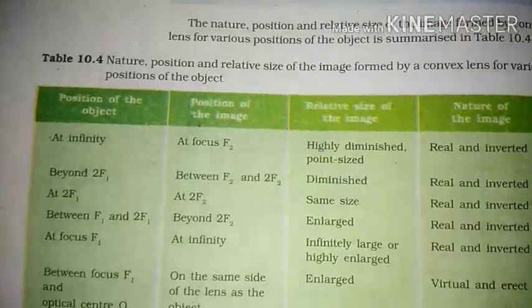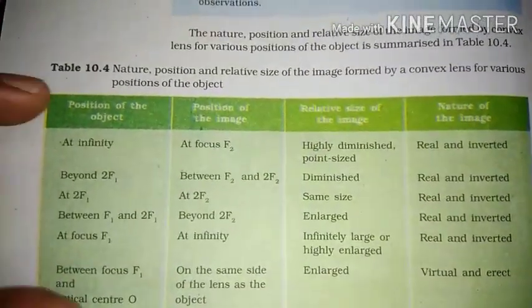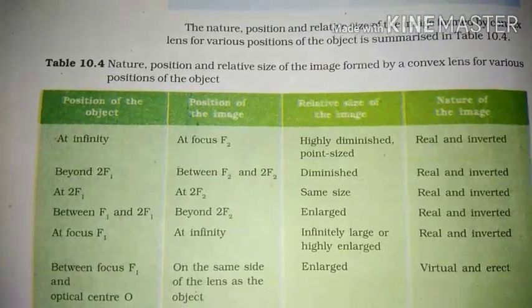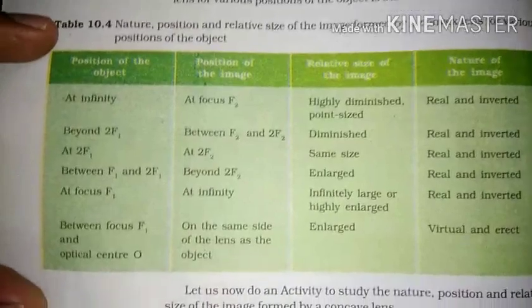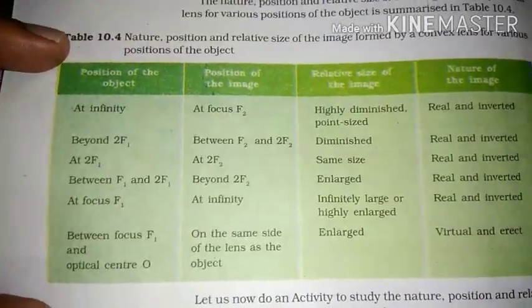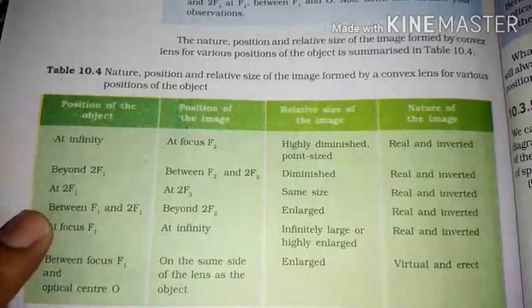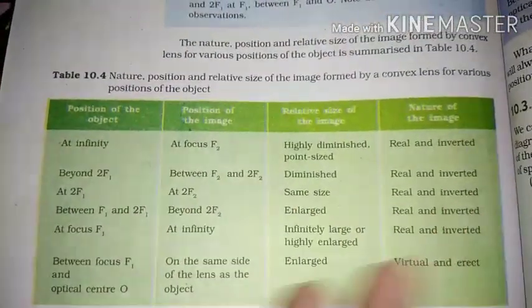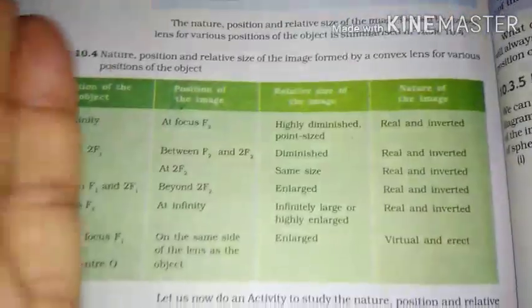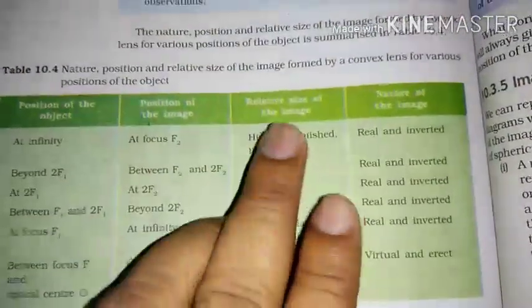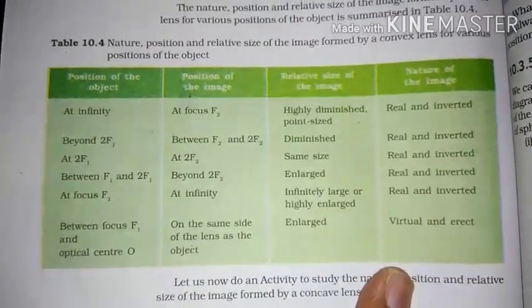So, now, we did not write these things in all figures. Synopsis of all 6 situations are well collected here. So we explained here image formation, and informations are well collected here. What is the position of the object, what is the position of the image, what is size, and what is nature. We shall just explain one by one.